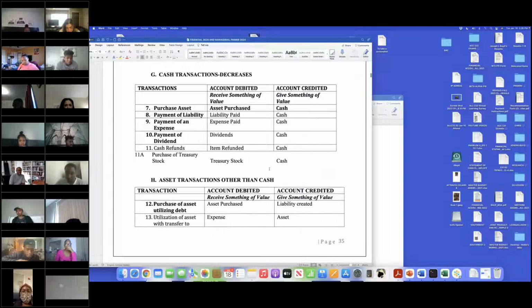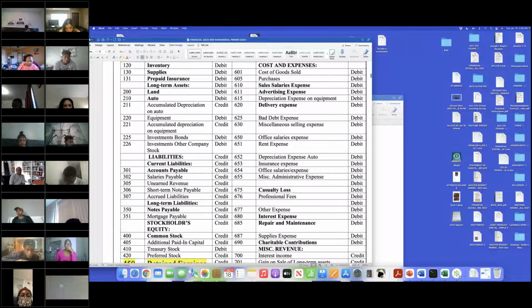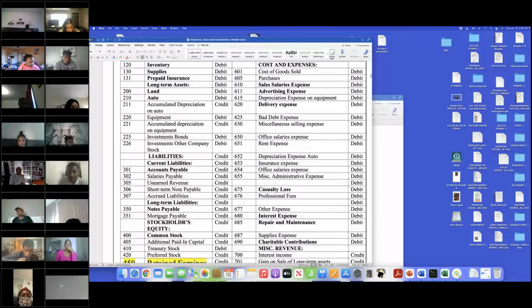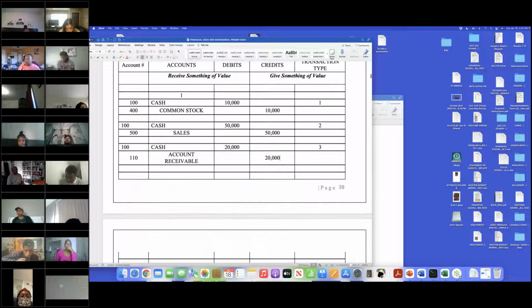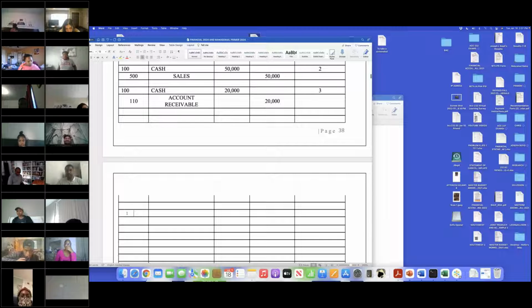So now we know cash is 100, but what is notes payable? We're going to use 306 short-term note payable, okay? You have long-term notes, but this is a short-term one because it's working capital. So we're going to use 306. So we're going to debit cash 100.